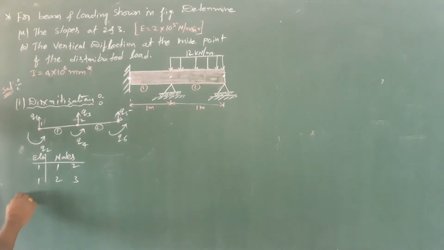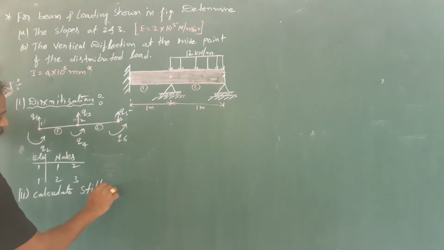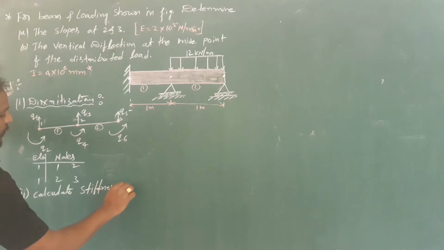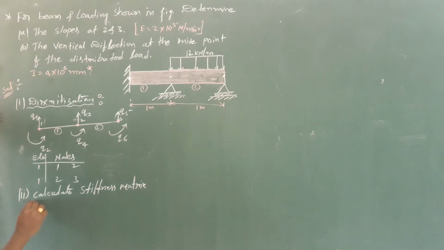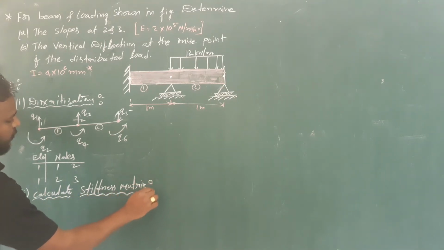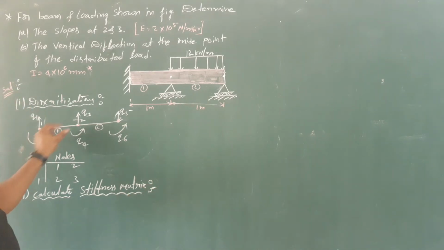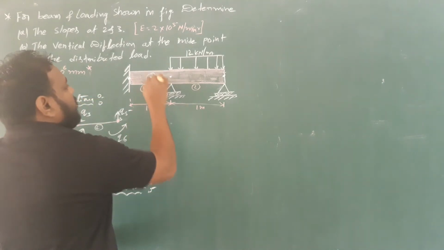Now the second process is to calculate the stiffness matrix. Here there are 2 elements, this is one element and this is another element.